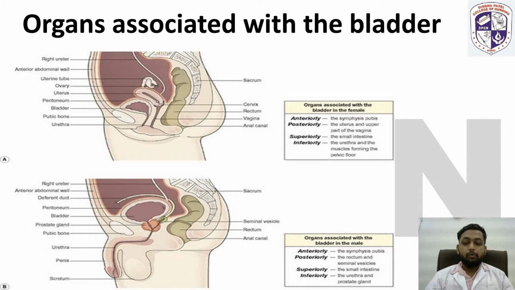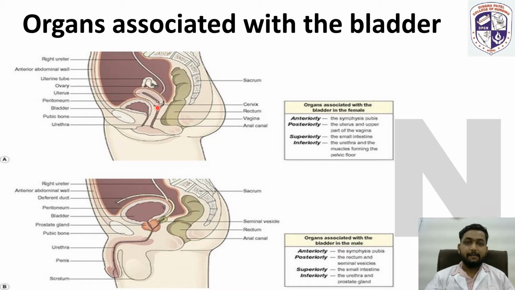So here we will look at the organs associated with the bladder. First of all, we will see in the female. In the anterior part, means in the front side, is the symphysis pubis, and in the posterior, means on the back, there is the ureter and part of the vagina.